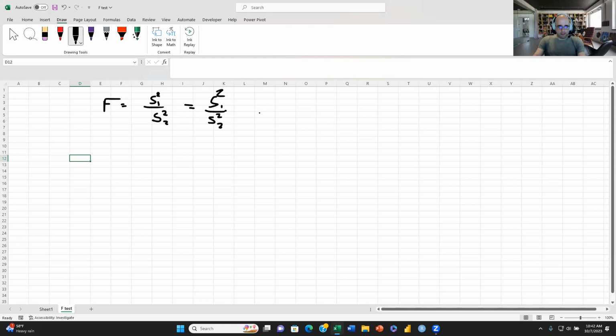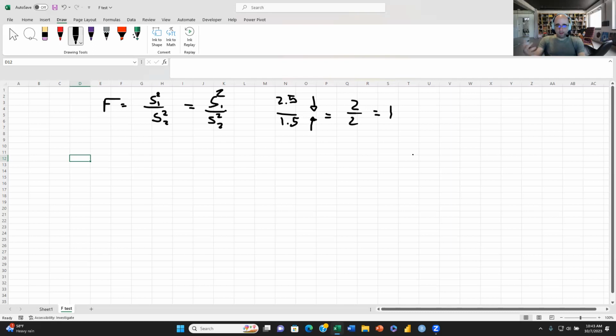I want you to see a kind of logic here. If one of your variances is 2.5 and another one of your variances is 1.5, as they get closer together, 1.5 goes up to get closer to 2.5, and 2.5 goes down to get closer to 1.5. This is going to merge to be 2 over 2, or 1.